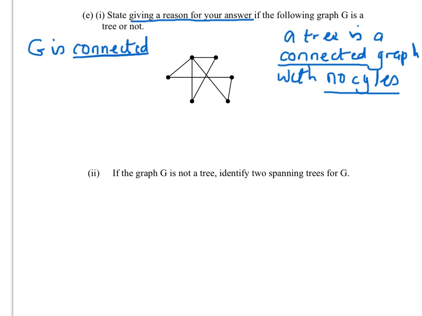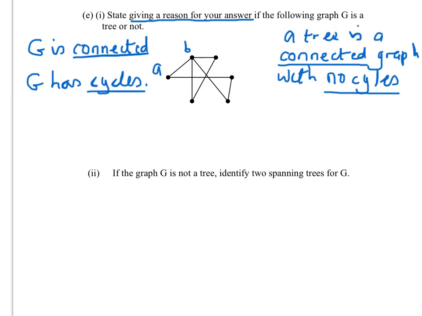Now let's look at the next one. Does G have any cycles? Now it actually does. It has more than one, in fact. So G has cycles. So it's not going to be a tree as a result. So let me highlight just one particular cycle maybe.